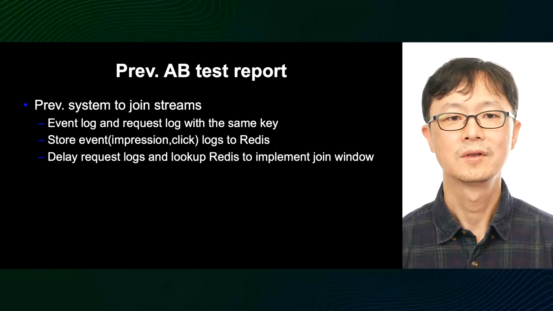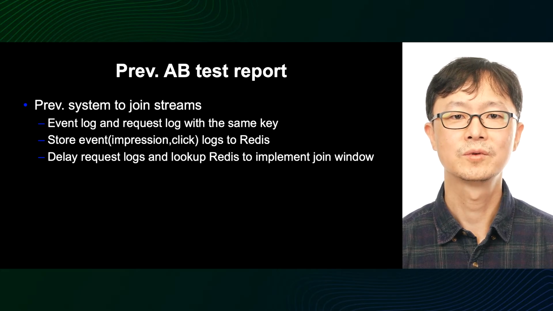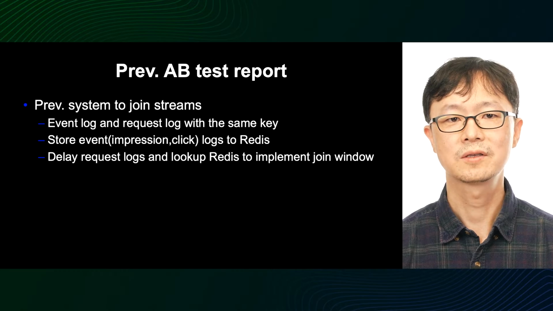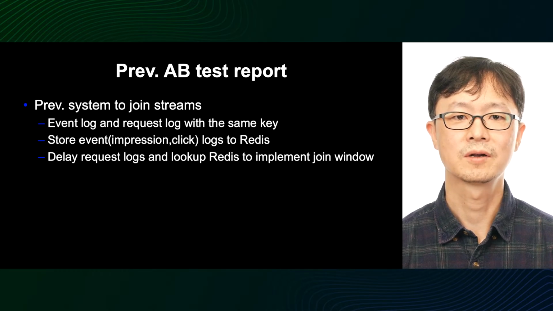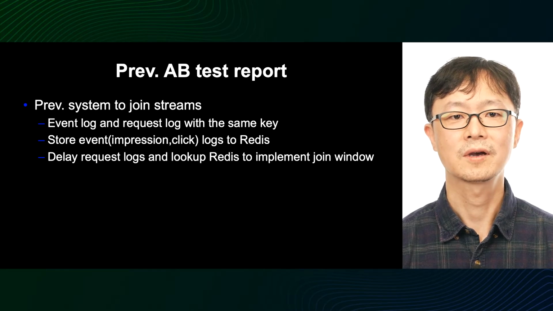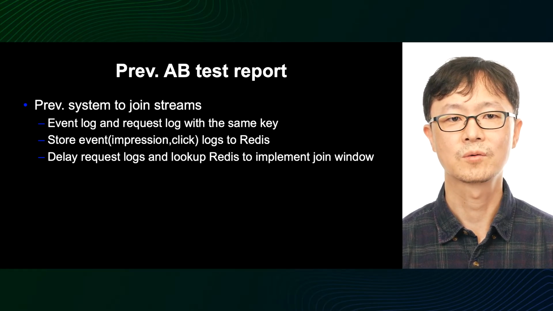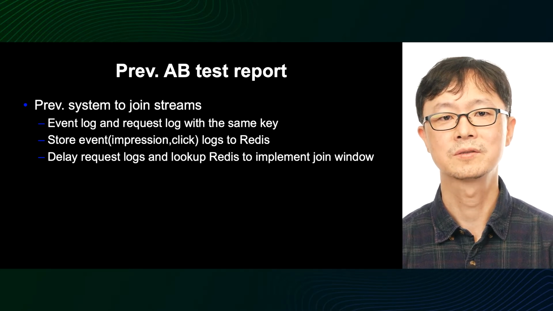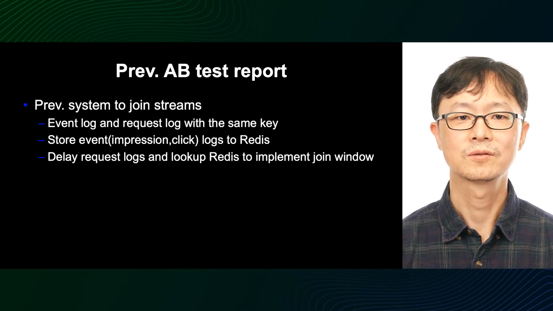This looks very complicated. For the previous A/B test report, you had to go through a very complicated process. I needed to find the event log and request log that have the same key. You have to store one stream continuously in Redis and continuously read the other, and search Redis.